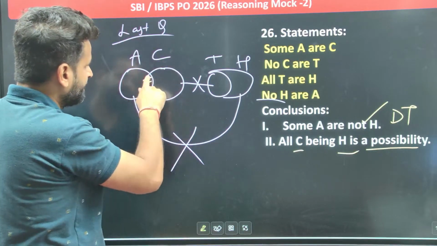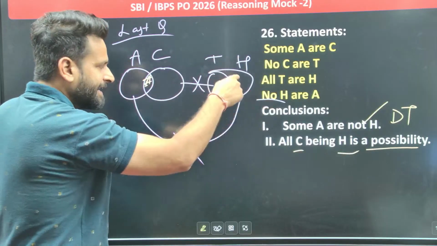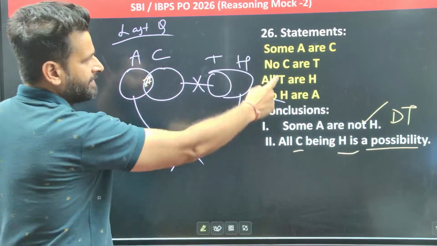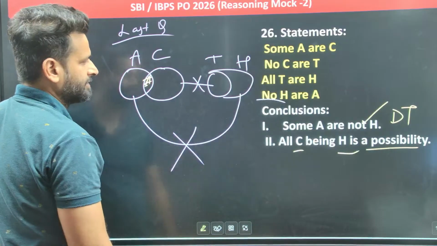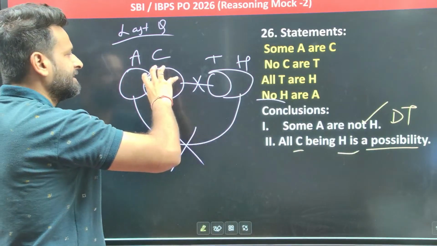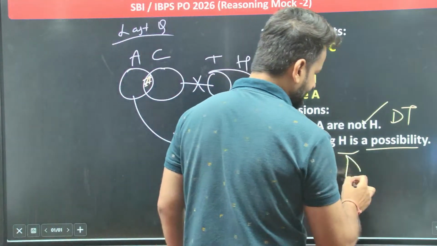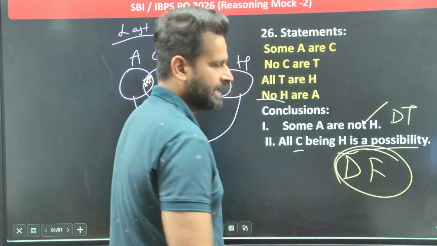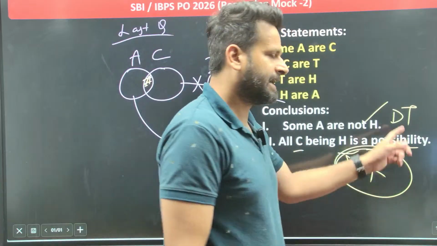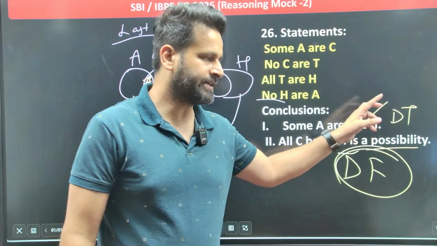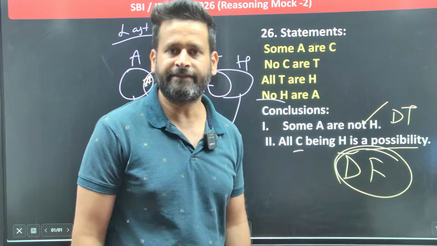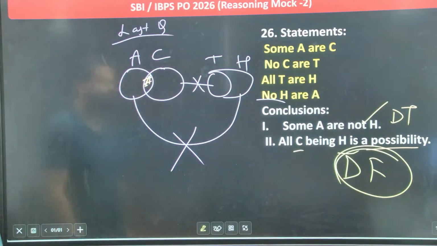Some A will also come inside H, which is not possible. Why? No H is A. That means all C can never go inside H. So all C being H is definitely false. Answer: only first follows. That is right. Is it okay? Only first conclusion follows.